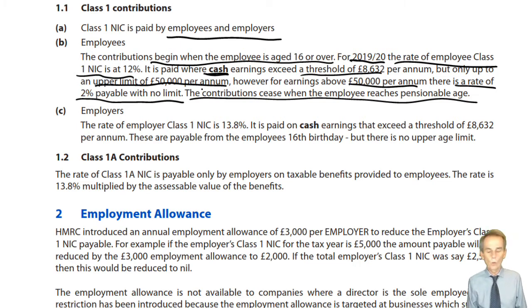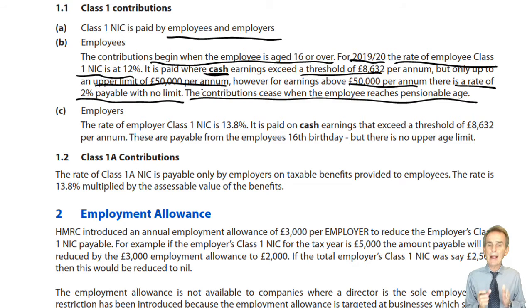Now again, why do we pick on that upper limit of £50,000? You think about it on your income tax computation. We know that we have a personal allowance of £12,500, a level of tax-free income. We know that the basic rate band limit, on earned, non-savings income where we have a basic rate of 20%, is £37,500.